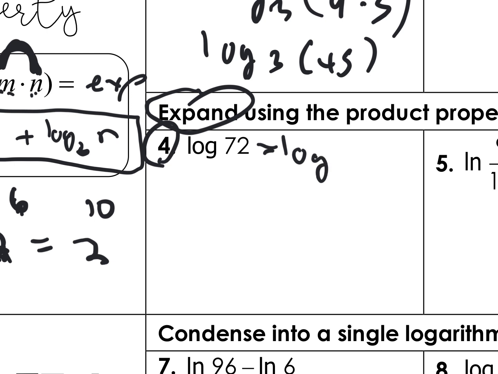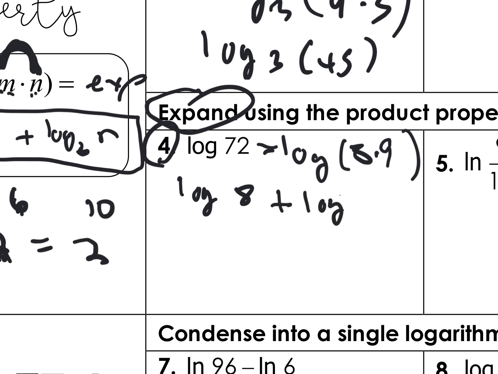Give me some numbers that multiply to be 72. I knew she was going to do that because a lot of people choose that. But I'm going to show you something crazy. That turns into log base 10 of 8 plus log base 10 of 9.